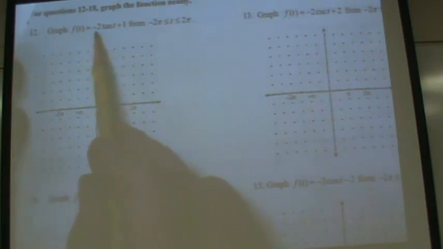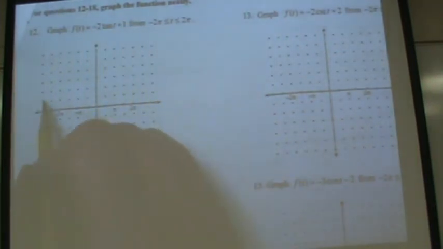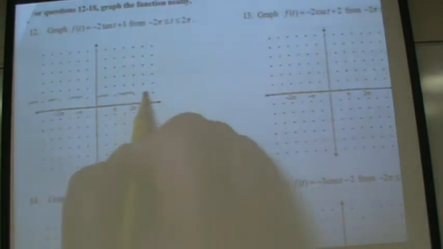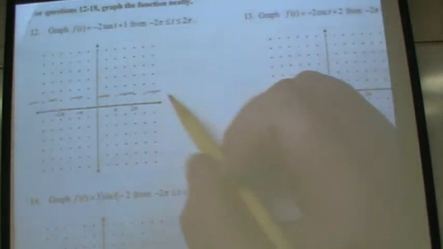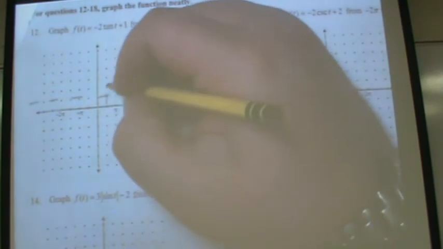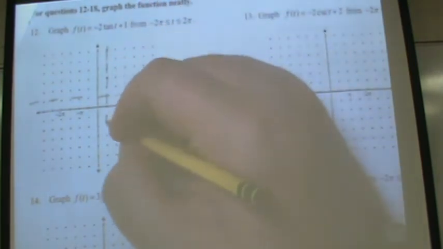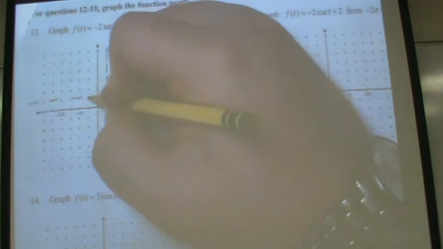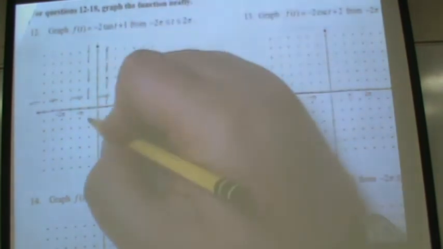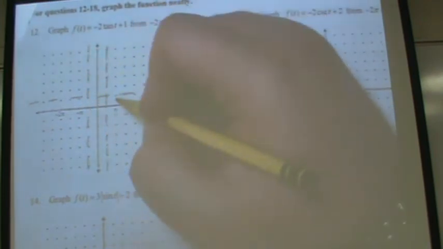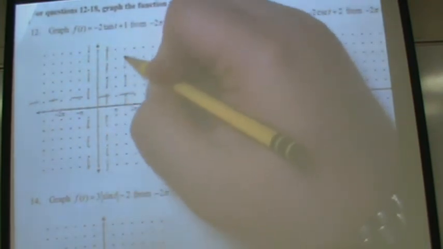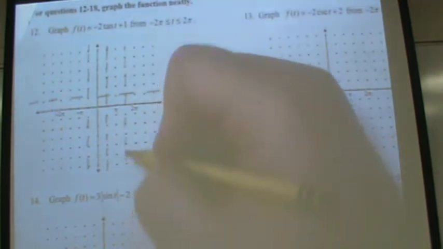So we have a -2 tangent, and we're up 1. That's what that +1 is giving us. So we have that vertical shift up 1, so we have a new x-axis. Our first asymptote for tangent, remember, is at pi over 2. And then the pattern for asymptotes is every other. So we had pi over 2, skip 1, negative pi over 2, and the same thing in both directions.